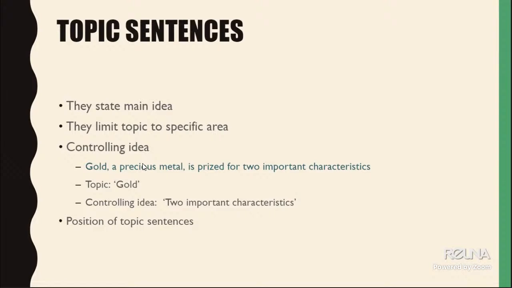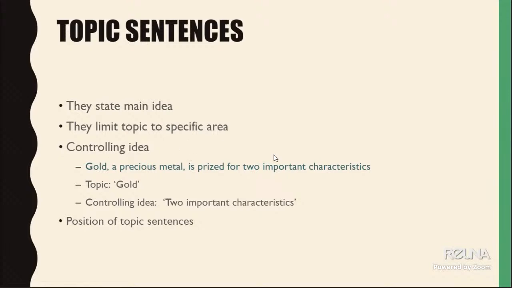And within the topic sentence, we have what we call a controlling idea. So we got, for example, again, the topic sentence in full. Gold, a precious metal, is priced for two important characteristics.